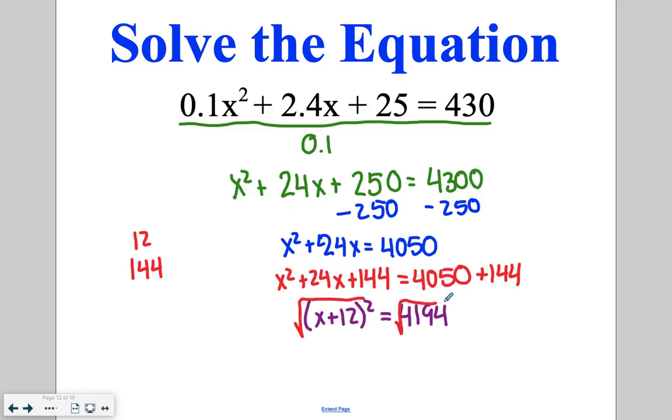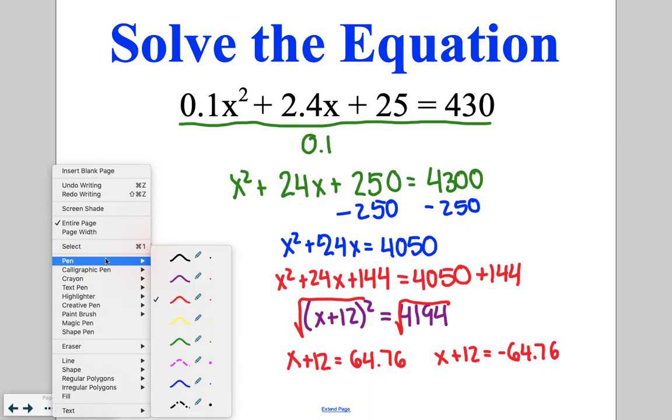And when I do that, I am going to get x plus 12 is equal to 64.76, since the next digit is 1, so I'm going to leave it at 6. And then we have x plus 12 is equal to negative 64.76.